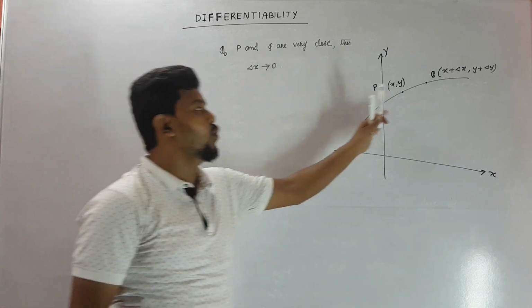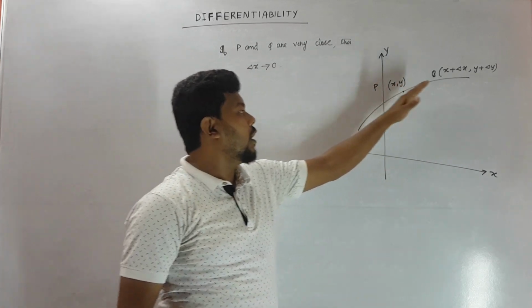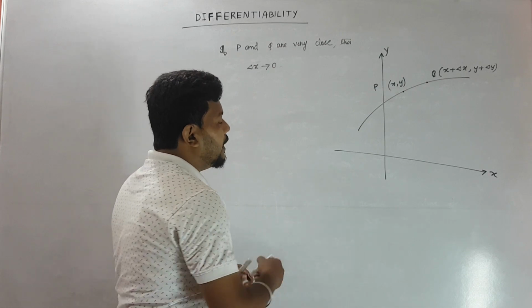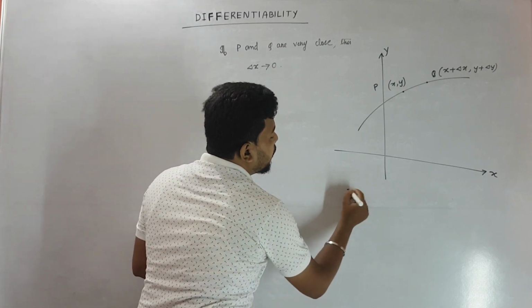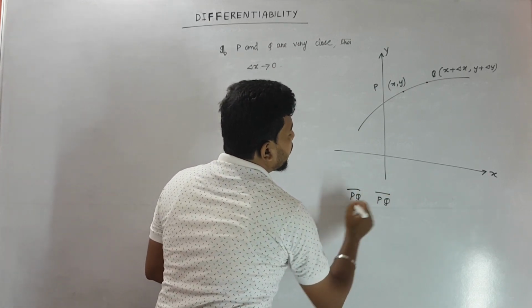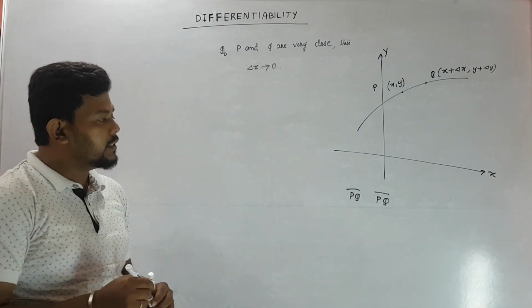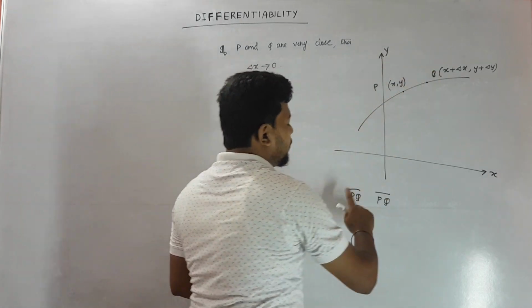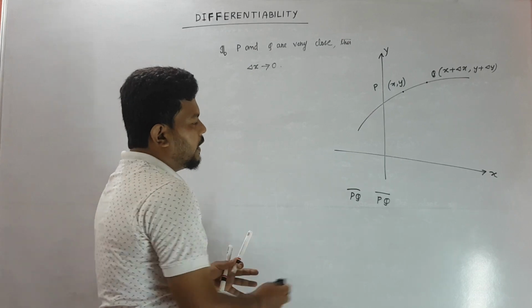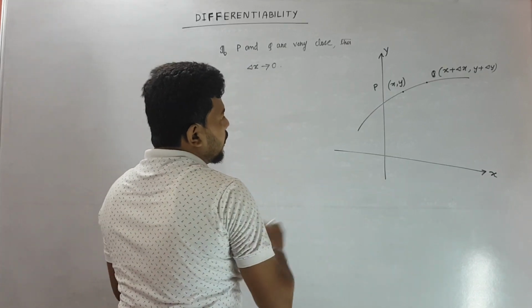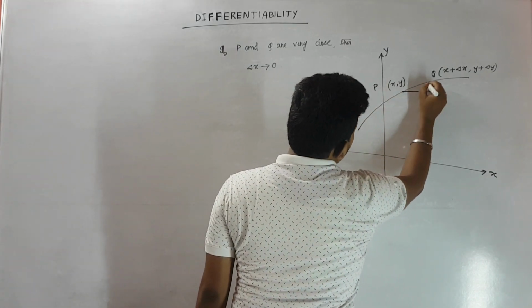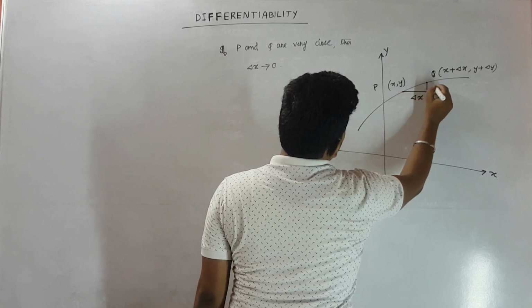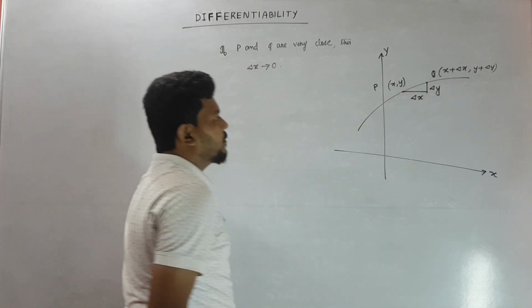When they are very close, the PQ arc will tend to become the PQ line. This is the curve, this is the PQ chord. Now, this is your del x and this is del y.